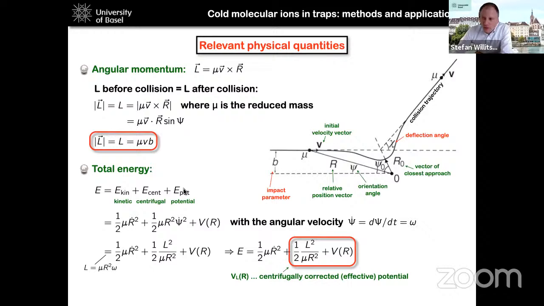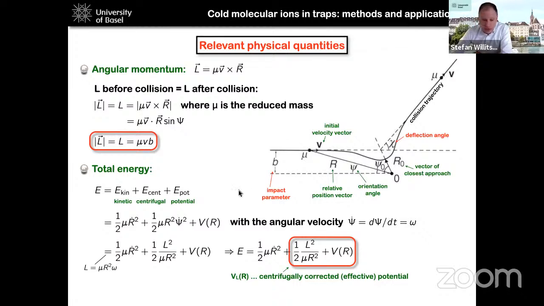What may be not so obvious in the first place is that we also have a third component, and that is the centrifugal energy. The centrifugal energy is the energy that is associated with a rotational motion. And what is the rotational motion here? Well, it is essentially the rotation of this relative position vector about this orientation angle psi over the course of the collision.